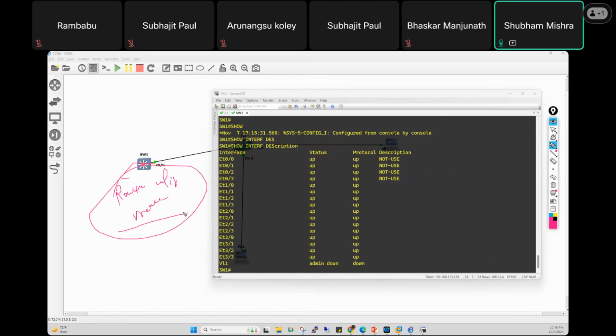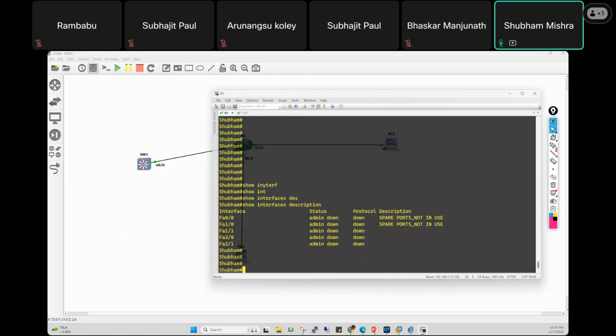Router configuration mode looks like this: Router(config-router)#. I hope you are seeing this and you know this mode. Generally, you get router configuration mode when you configure any routing protocol.